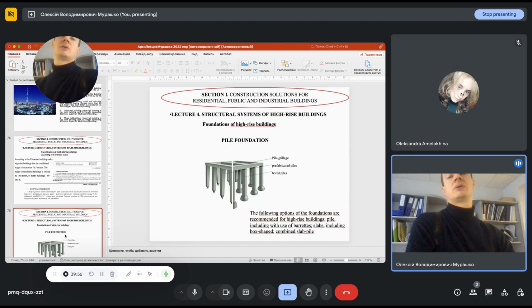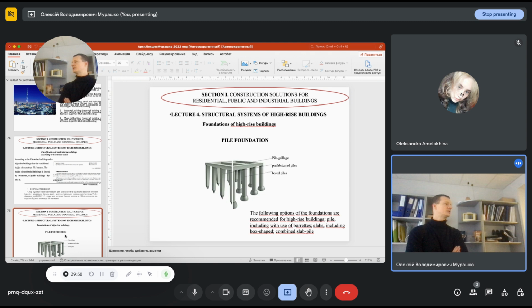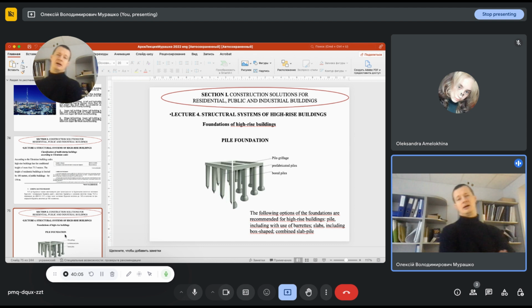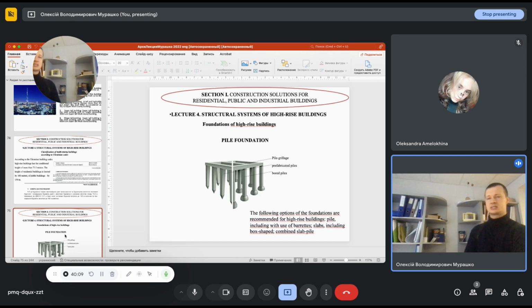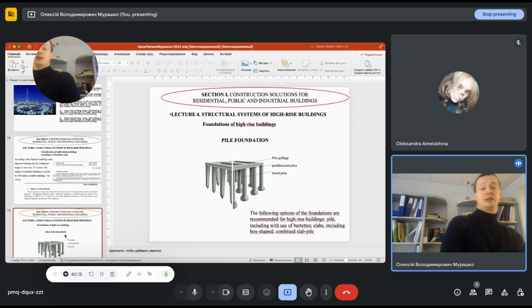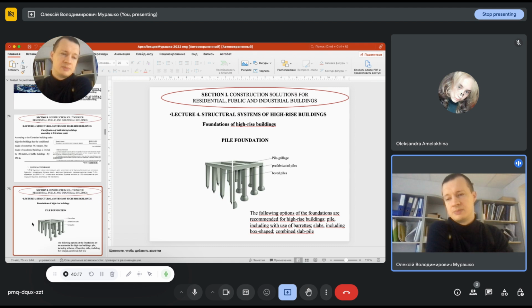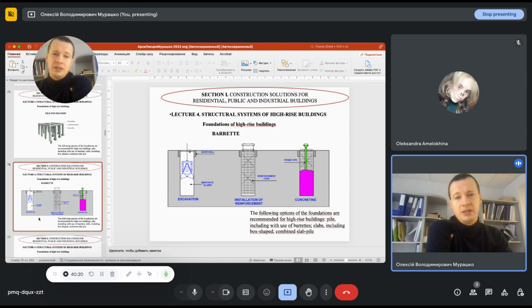When we are talking about such high buildings, we have to consider that the foundations for these buildings also have to be very massive. The regular practice for such buildings is to use bored piles or prefabricated piles, a pile foundation. Maybe it can be made of barrettes.